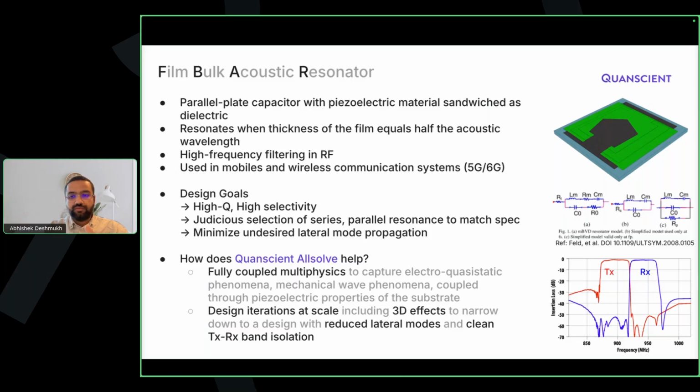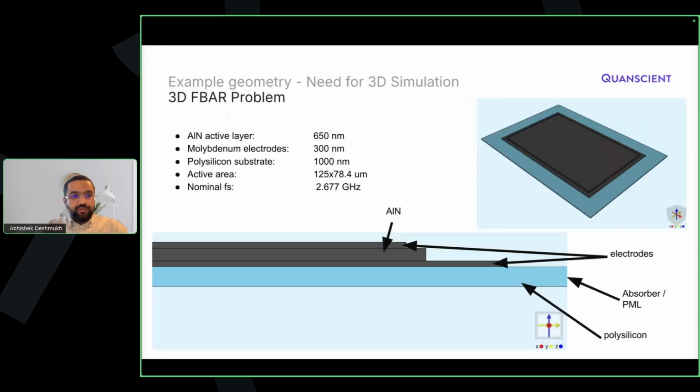Why we want to identify those: once you know what you can expect in terms of lateral modes, you can try to mitigate them by changing the shape or any other parameters that can help there. All right, so that's the overview, and then I want to take this as an example.